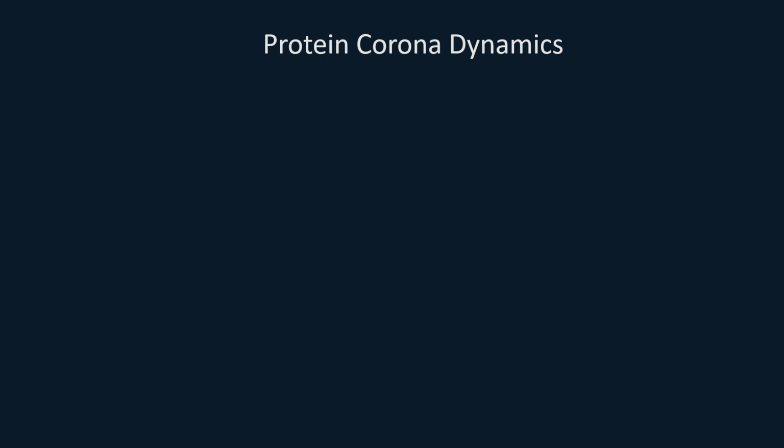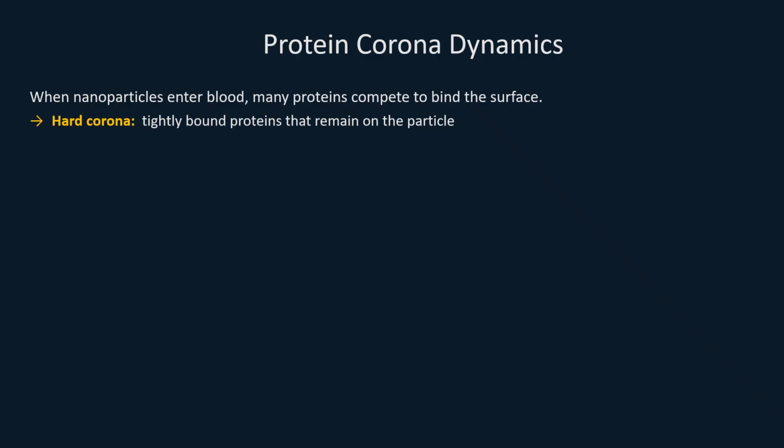So when nanoparticles enter the bloodstream, many different proteins compete to bind to the particle surface. There are typically two types of layers formed. The soft corona contains loosely bound proteins that exchange rapidly with the surrounding plasma.